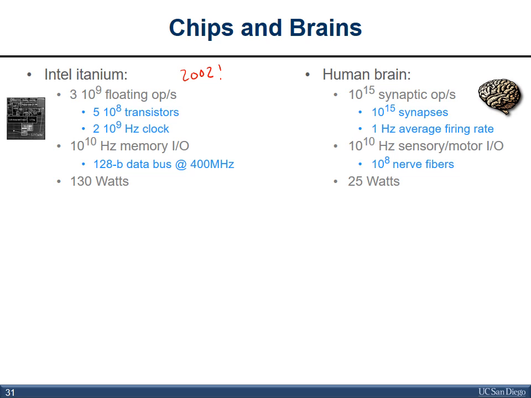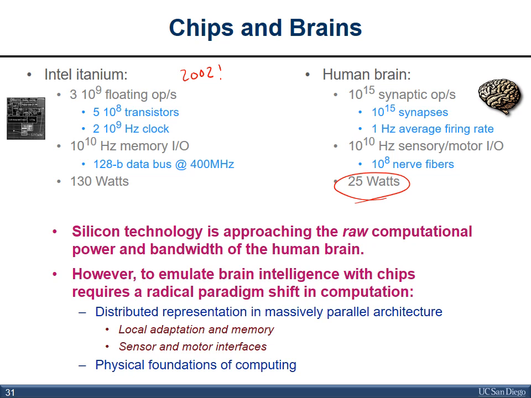It has trillions of synaptic connections between these neurons. It has 10 to the 15 synaptic operations per second at an average of 1 hertz firing rate. We have 10 to the 10 I/O, which is a very, very large number. And importantly, the brain only consumes about 25 watts, and it's just really phenomenally powerful when it comes to certain types of tasks, particularly pattern recognition.